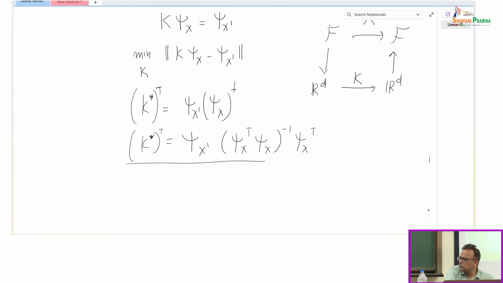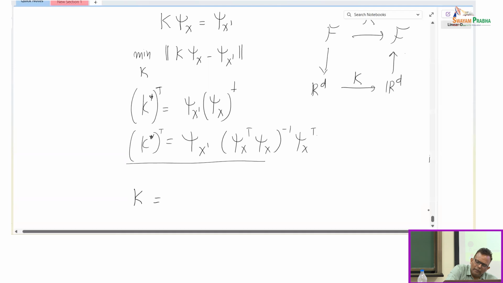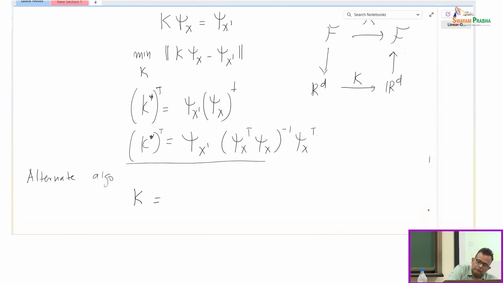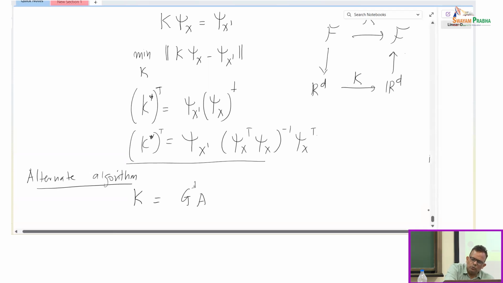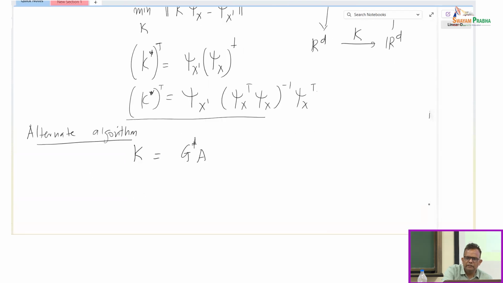So what does that algorithm look like? It's just two lines. The K, the Koopman matrix, is given by the following formula: G pseudo inverse A. In fact, the pseudo inverse can easily be replaced with the inverse, because the matrix that we're dealing with is invertible.